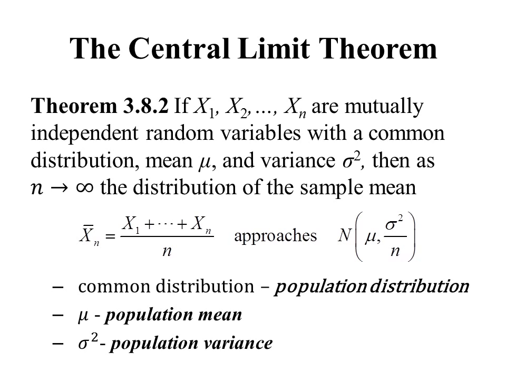Okay? Now, the common distribution referred to here in the central limit theorem is what we call the population distribution, or the distribution of the population. The common mean is called the population mean, and the common variance is called the population variance.